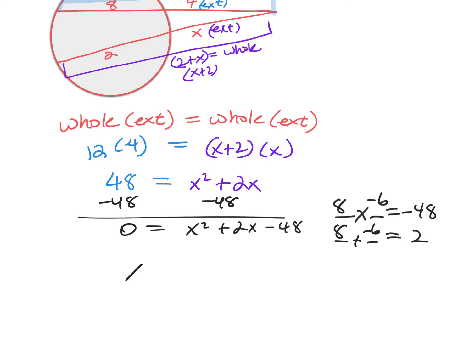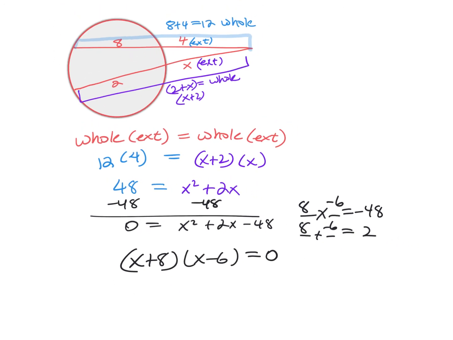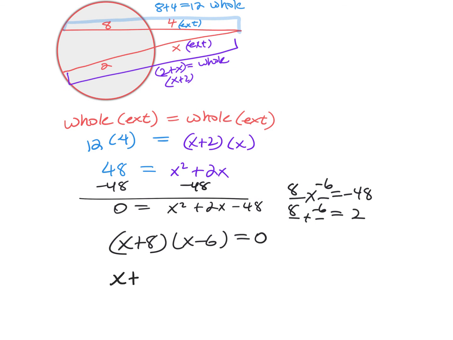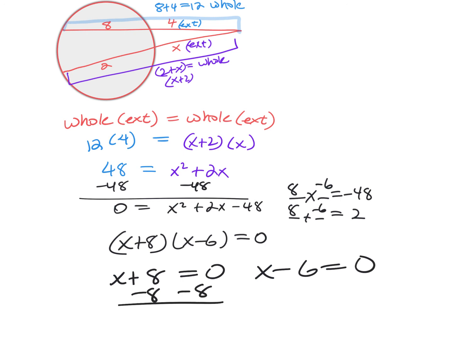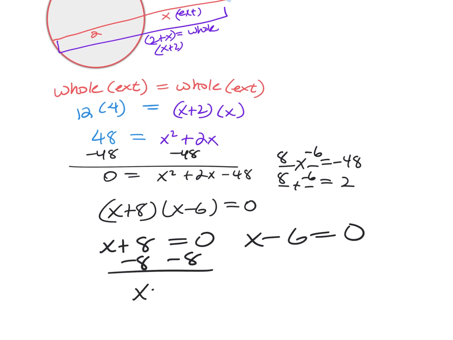And now I'll put them into the binomials. Set them equal to 0. Subtract 8. X equals negative 8. X equals 6.